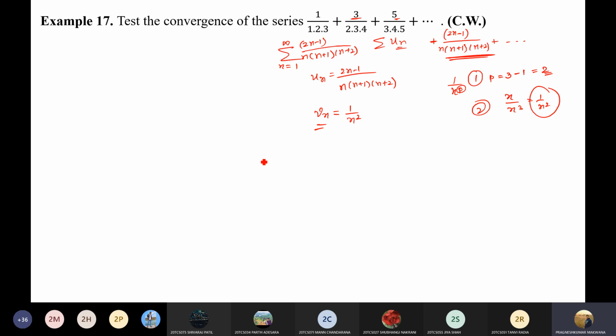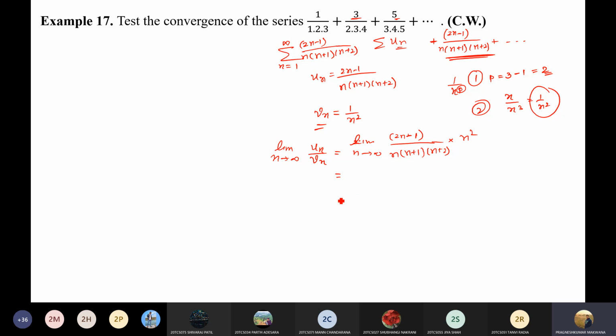Now, what is the next step in the limit comparison? Find the limit as n tends to infinity of Un upon Vn. Everyone find the answer of this limit. So here, limit n tends to infinity of 2n minus 1 upon n into n plus 1 into n plus 2. Now the denominator Vn is 1 upon n square, reversed, that is n square.